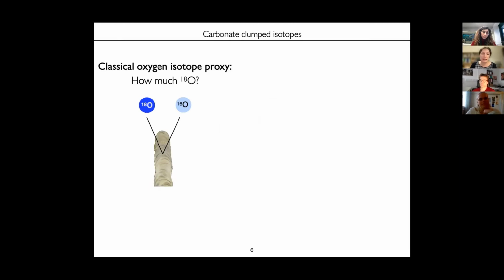So with the classical isotope methods, let's say delta 18O and delta 13C measurements, we look at the relative abundance of the rare heavy isotope versus the more abundant light isotopes, right? So we ask the question, how much 18O do I have in my sample compared to 16O? And that is a function of the isotopic composition of the water from which this carbonate grew and temperature.